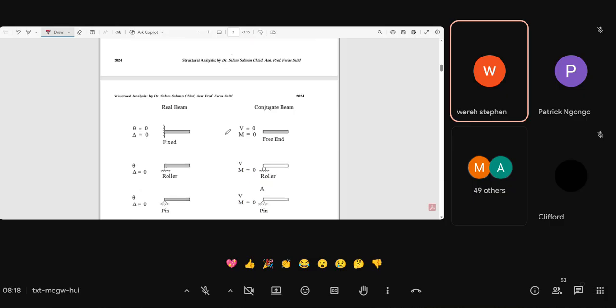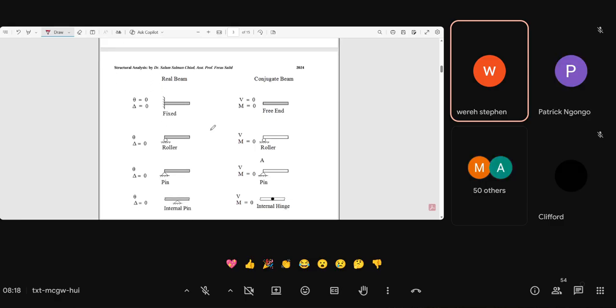So last time we met, we were looking at the shear force diagram and bending moment diagram, and I really insisted that you need to know how to draw a bending moment diagram and a shear force diagram for all types of beams.